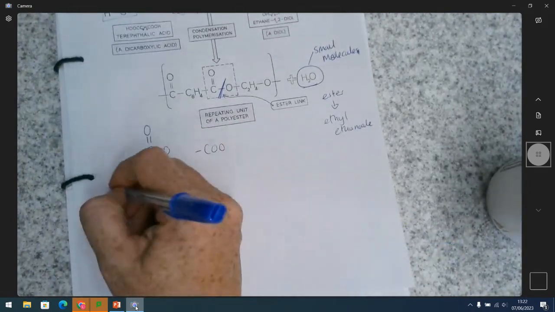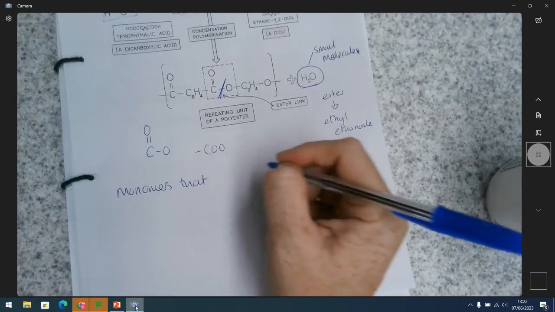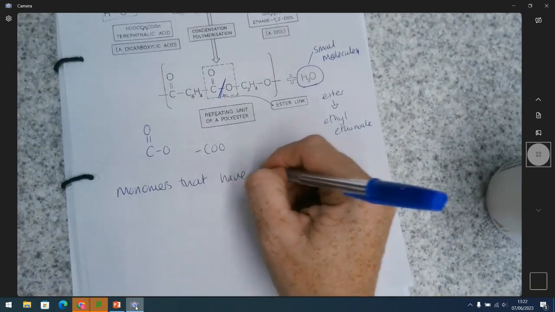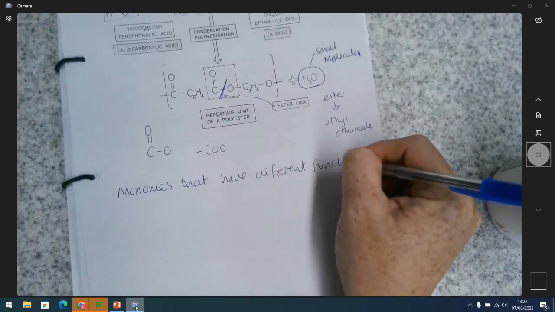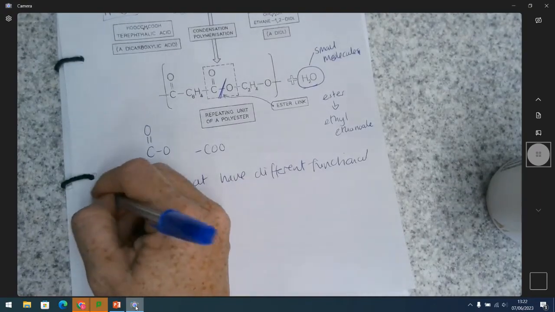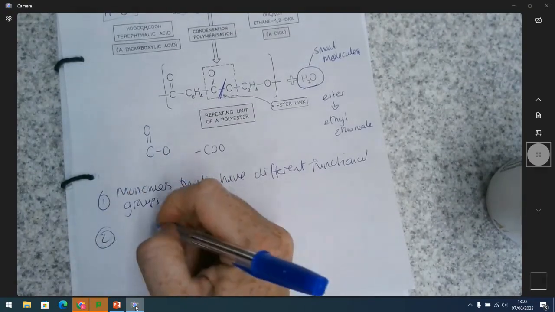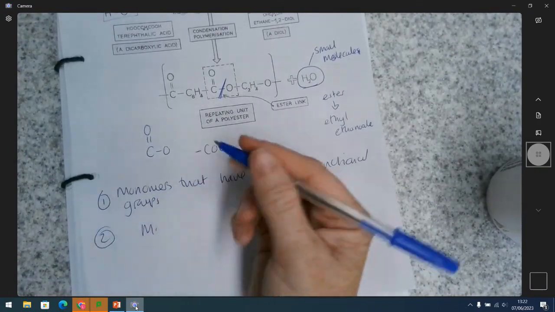So we've got monomers that are different. So they've got different functional groups. That's the first thing I want to know. Number 2, we've got monomers react together and bonds form at the functional group.